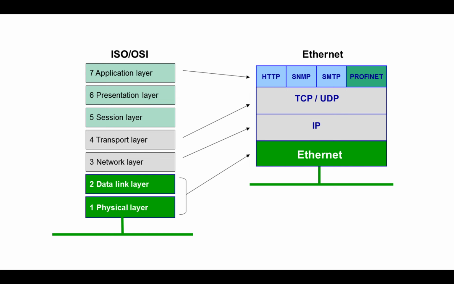Let's see what an Ethernet frame looks like. But before that, whenever we speak about Ethernet, there are two types: one is normal Ethernet, and the other is automotive Ethernet. In normal Ethernet we can have either 4 wire or 8 wire according to the speed.